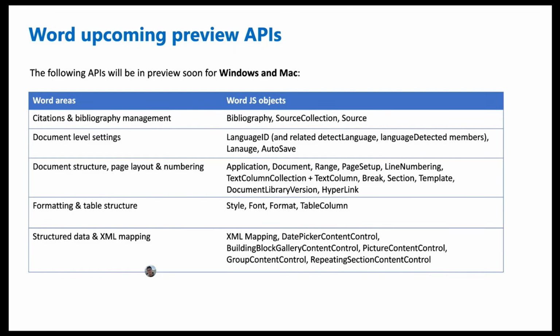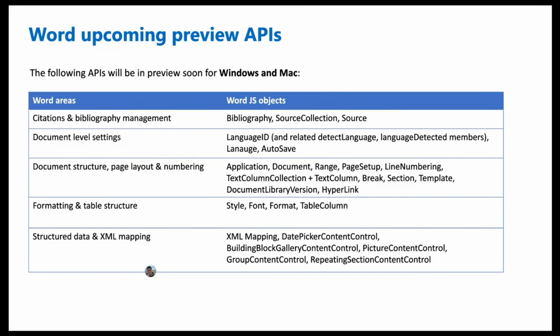So here are the APIs for you. And also we have document level settings for you. For example, you now can turn on, turn off autosave on your Windows and Mac platforms, and also get the language ID settings, detect those language-related settings, etc.